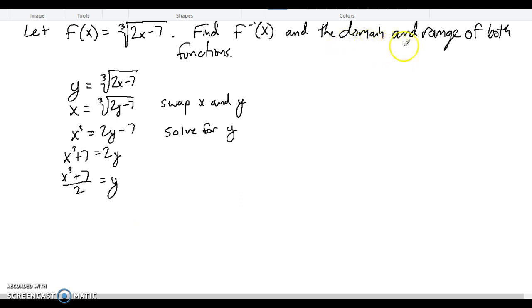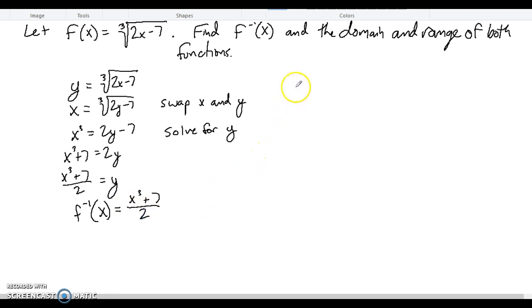And now let's look at the domain and range of both functions. Oops, sorry, I forgot one last step. This is the inverse function, so we should state it explicitly, which means f inverse of x is equal to x cubed plus 7 over 2.